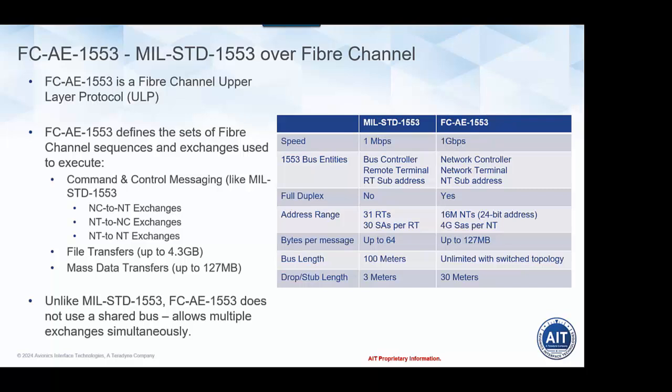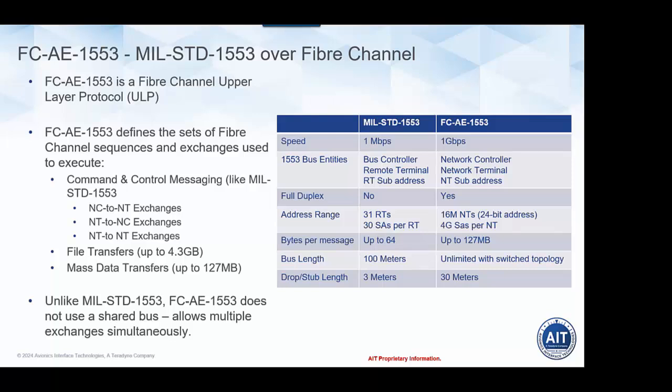A little bit of a comparison between 1553 and 1553 over Fibre Channel. With your standard 1553 bus, you have a 1 megabit per second max data rate, up to a gigabit per second with FCAE 1553. The bus entities, the naming, it's very much the same. A bus controller equals a network controller. A remote terminal is analogous to a network terminal, and an RT subaddress is analogous to an NT subaddress.